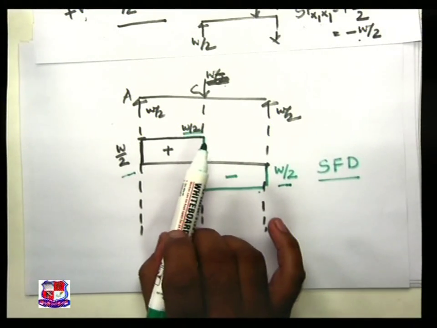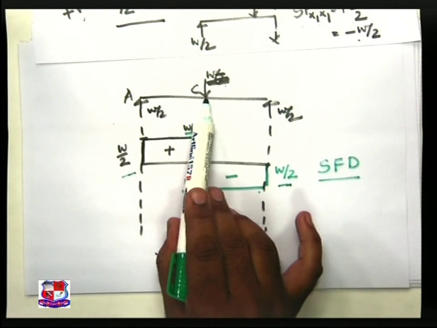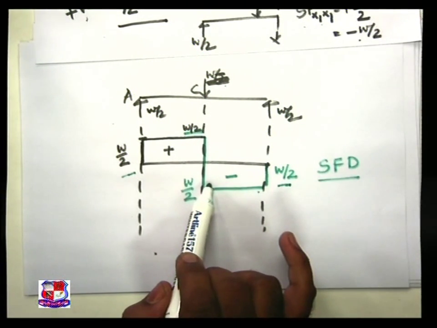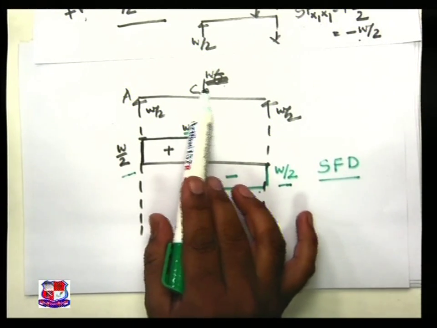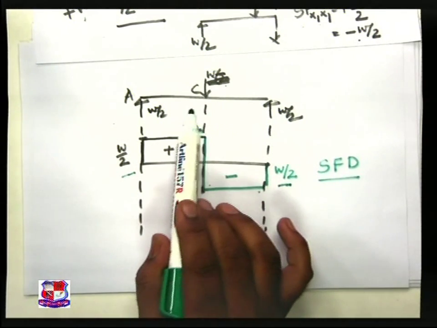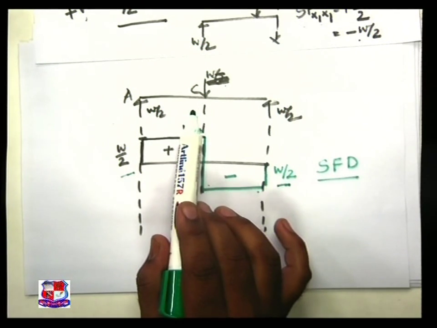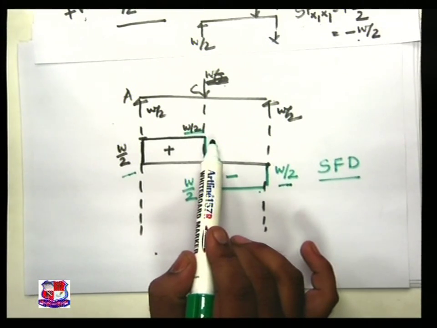Second observation, at a point load, shear force variation shows sudden changes. Third observation, between two point loads, if there is no load, like over here there is no load between these two points, then shear force variation is given by a horizontal straight line.